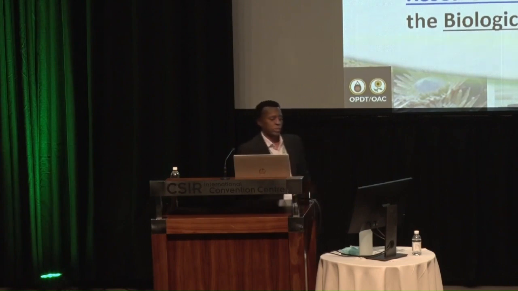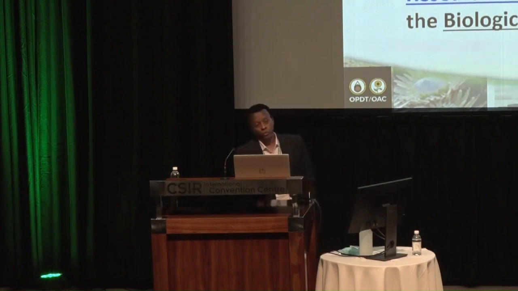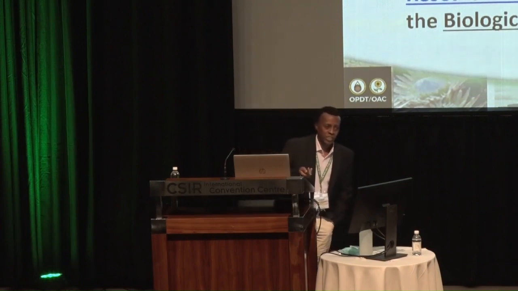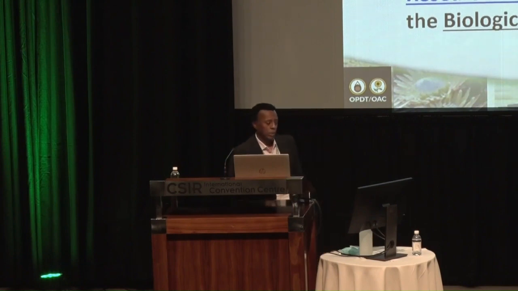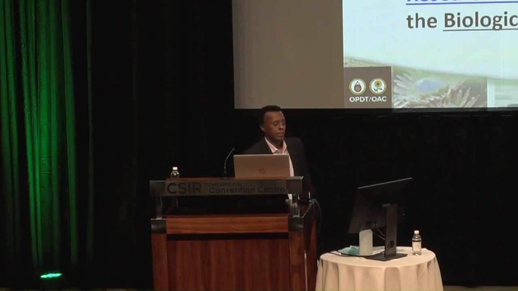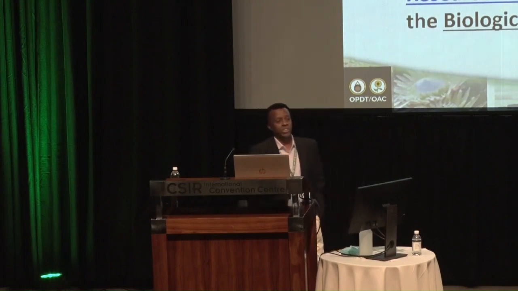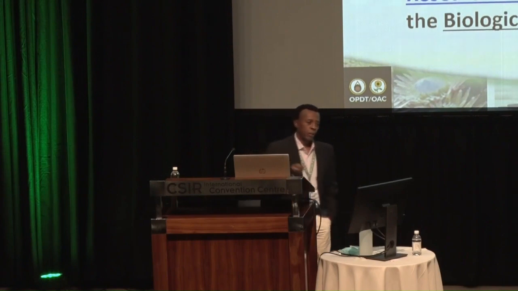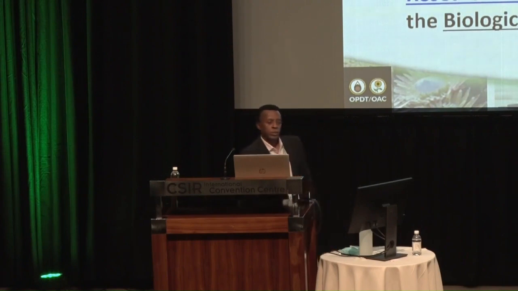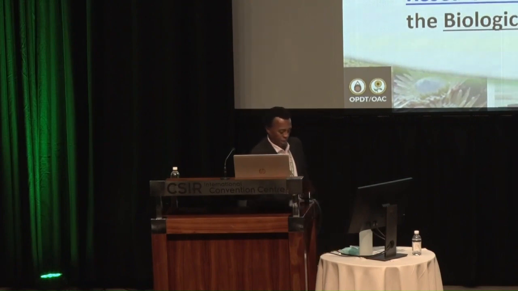The first research on Rhizobium was initiated at the University of Pretoria, followed by the University of Stellenbosch in the 1950s. But the comprehensive research on legume-Rhizobium symbiosis was initiated at the Agricultural Research Council, Plant Protection Research Institute, the then PPRI, with the establishment of biological nitrogen fixation research in 1965.